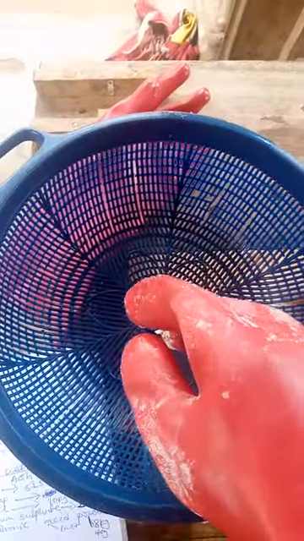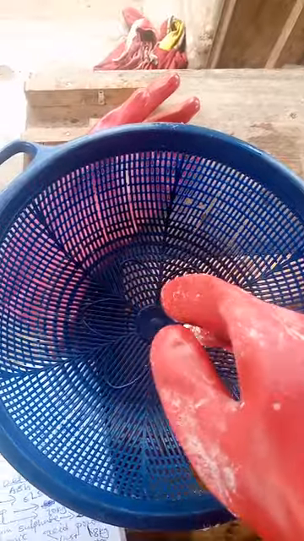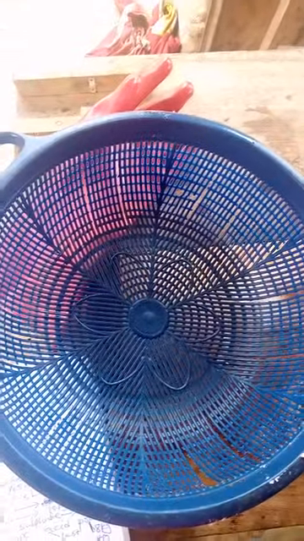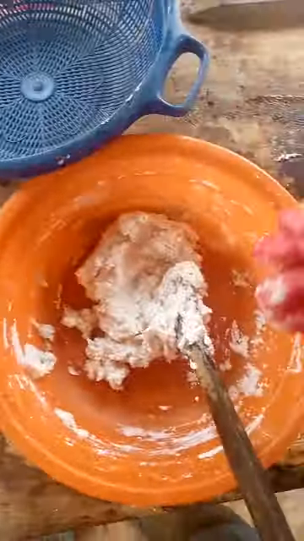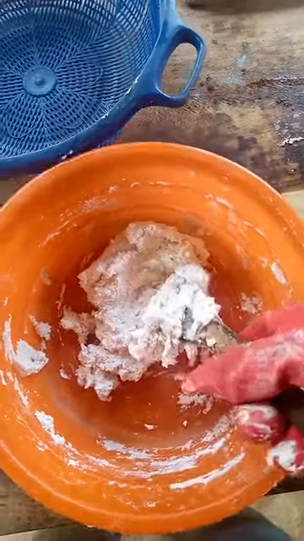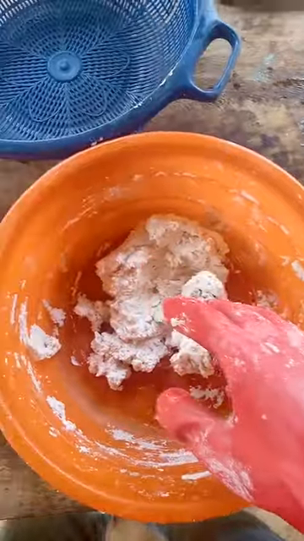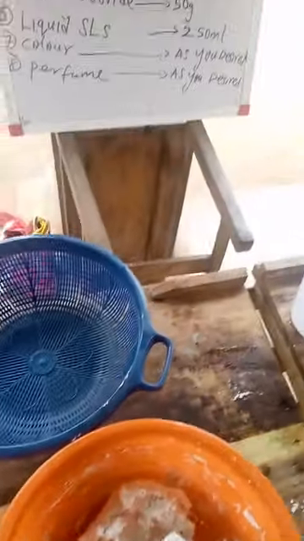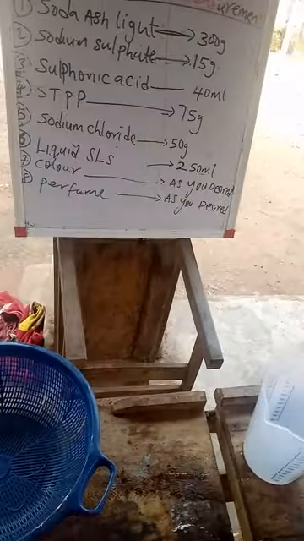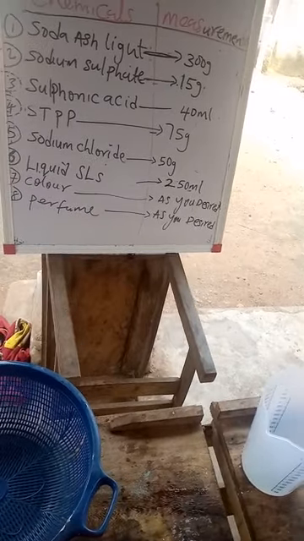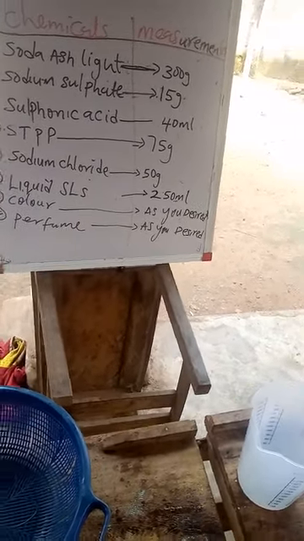The particles of the detergent will go out from the basket. Make sure you use a tiny basket that has tiny holes, so that you get a good powder detergent. If you want it more powdered, you add a smaller quantity of SLS. I used a large quantity of SLS here, 250 ml.